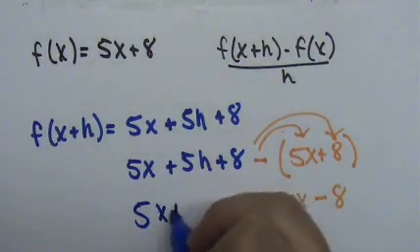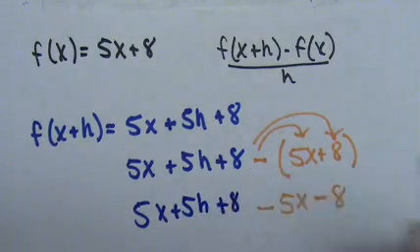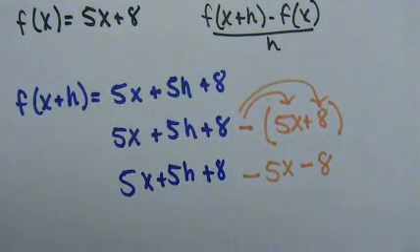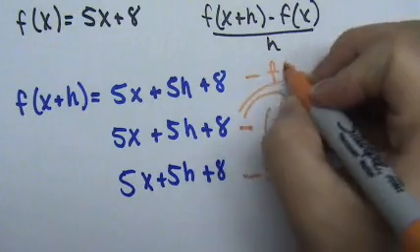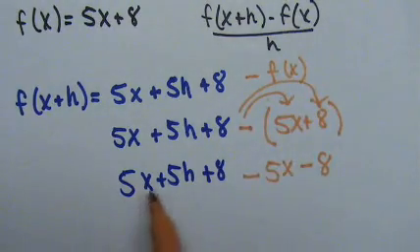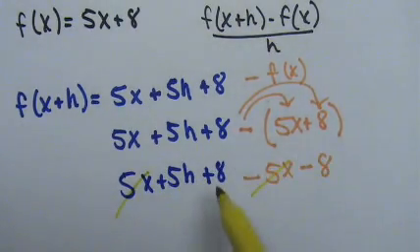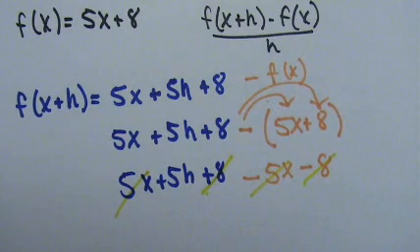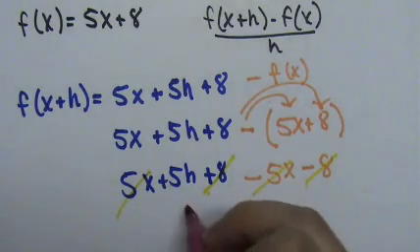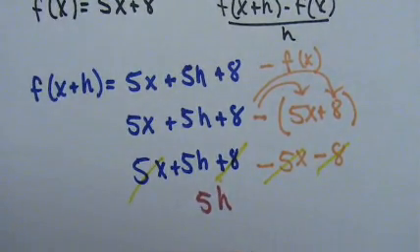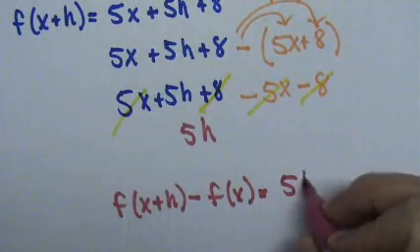So let's bring this f of x plus h back and simplify. Okay, 5x minus 5x, that's going to go away. 8 and the negative 8 will go away. So all we're left with is a 5h. So f of x plus h minus f of x is just 5h.